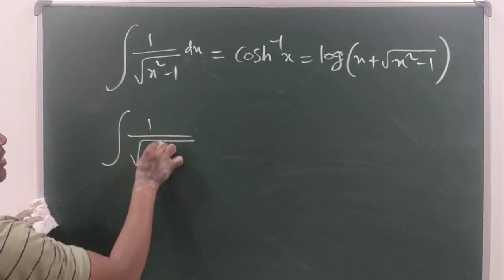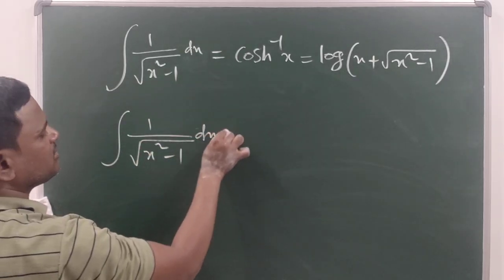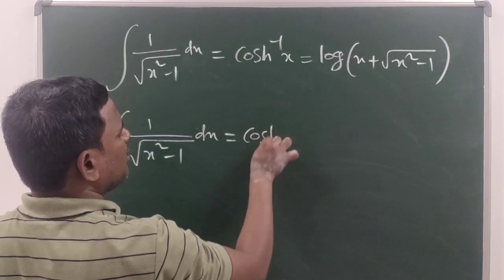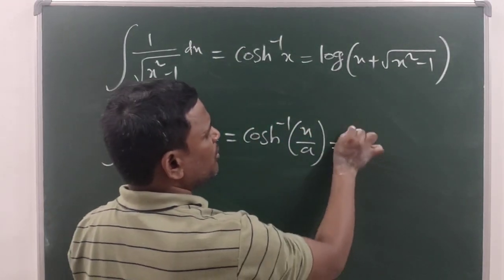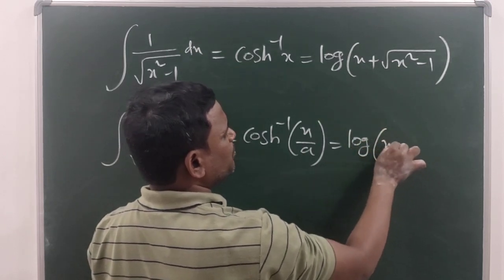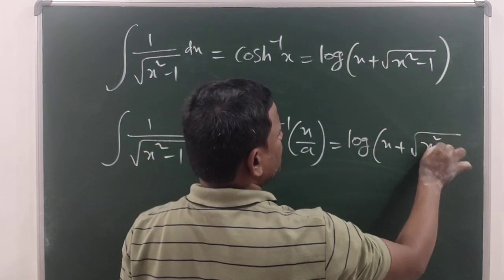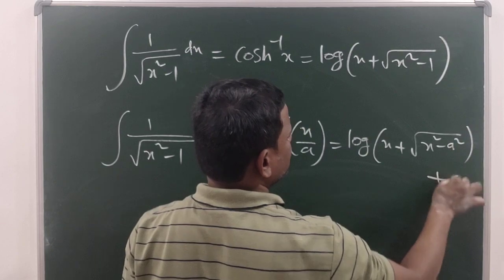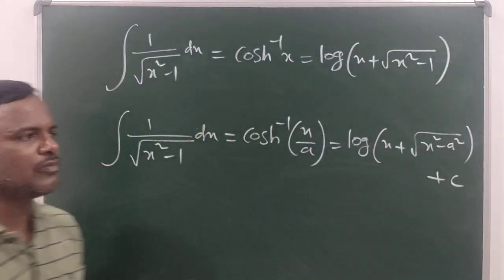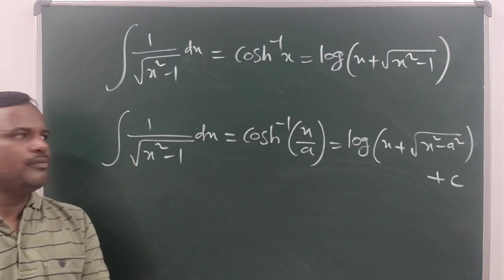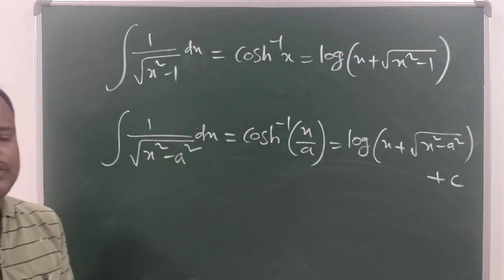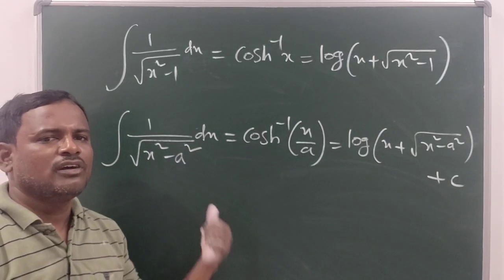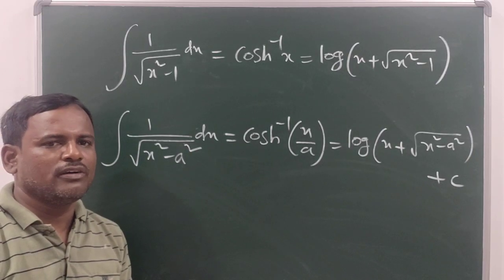So the integral of 1 by root x square minus a square dx is equal to cos h inverse of x by a, which is equal to log of x plus root of x square minus a square plus c, you have to add. This is the integration of the hyperbolic cosine function.